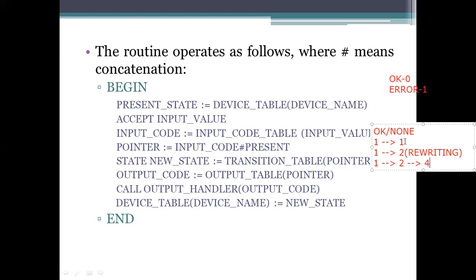This updated state will be specified as the new state. For this input we now have multiple outputs. For input and output we are using pointers and concatenating the action to be specified here. Based on the output, we decide which action is to be performed and what the next transition is to be done.